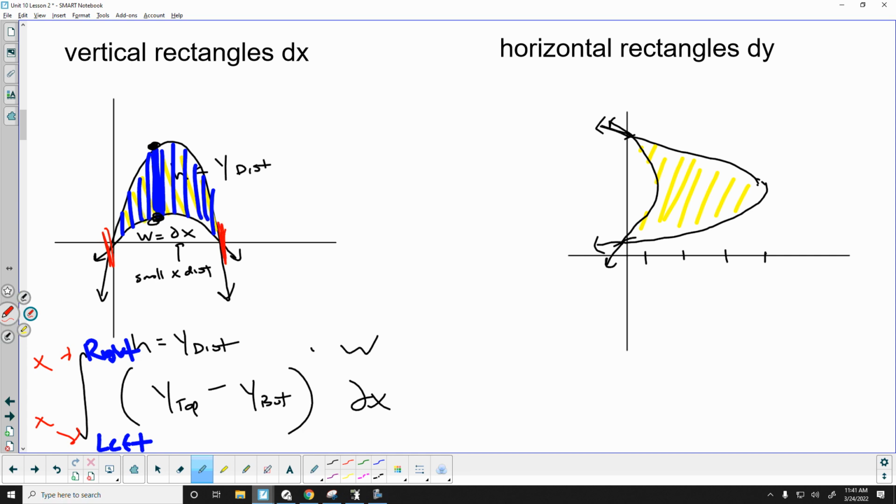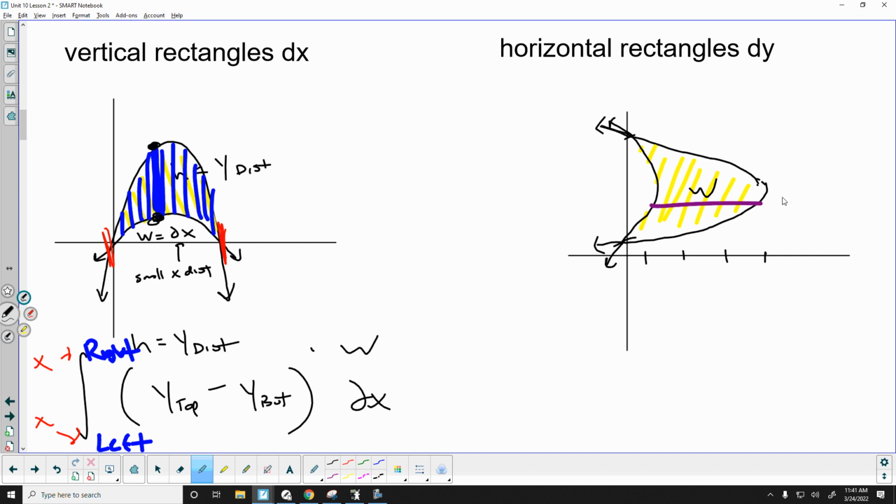Let's shift our perspective. Now, we're not going to shift the graph. Instead, we are just going to use, my friend, the horizontal rectangle. Okay? All right. Now, what are the characteristics? Well, the width is now this length.